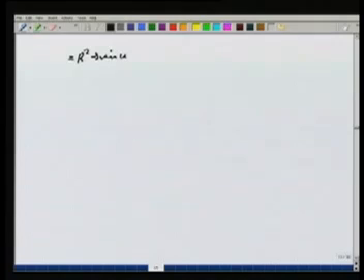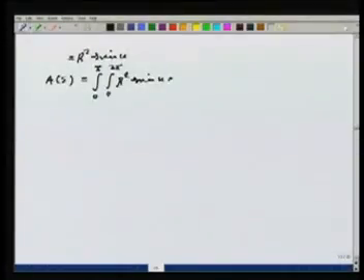So I found out what is ds. Now I have to integrate it. So total area A(S) is the integral from 0 to pi, that is the variation of u, then 0 to 2 pi of r square sin u, that is the area of the infinitesimally small rectangle which I have found and called ds, and then I am summing them up. So it is du dv.